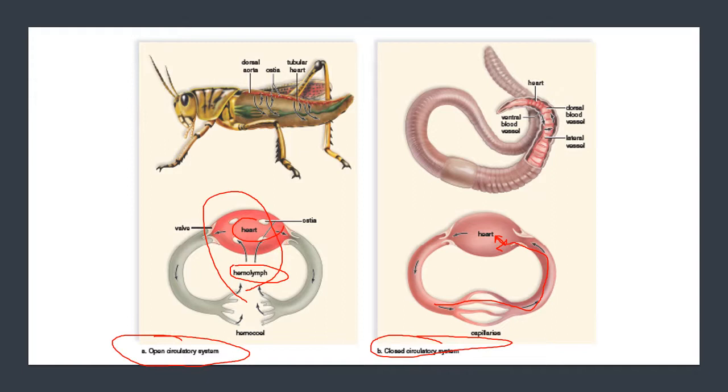There's some examples of that right here. There's the dorsal blood vessel and the ventral blood vessel, and then they have lateral vessels that run crosswise. And remember, in our earthworm we had 5 hearts, and that helps to pump the blood throughout the vessels.